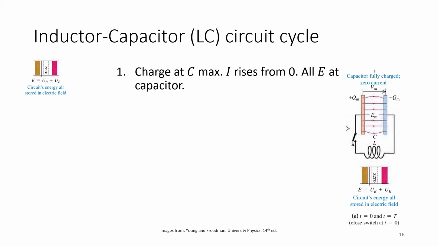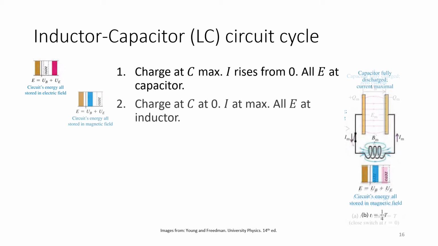As the capacitor discharges, the electric energy decreases and gets converted to magnetic energy because the current increases in value. At some point, the net charge at the capacitor would be zero, completely discharging it, and all of the energy in the system would now be magnetic, because current would be at its maximum value.